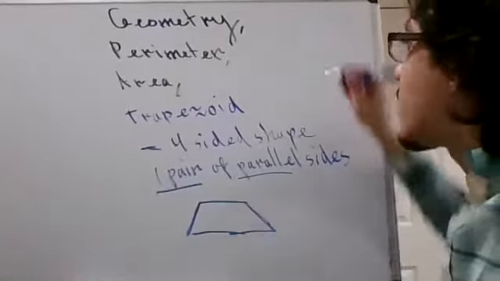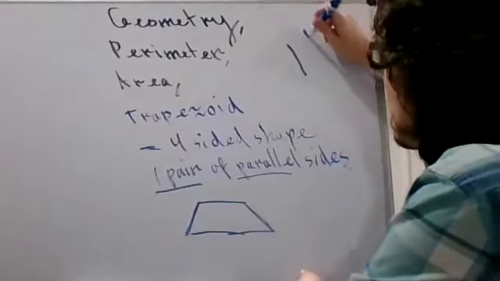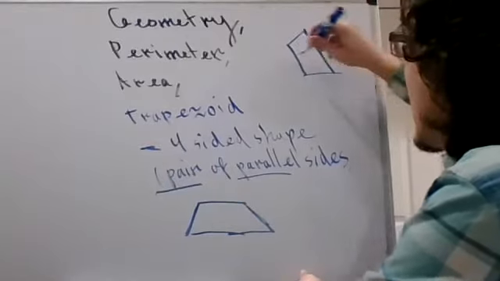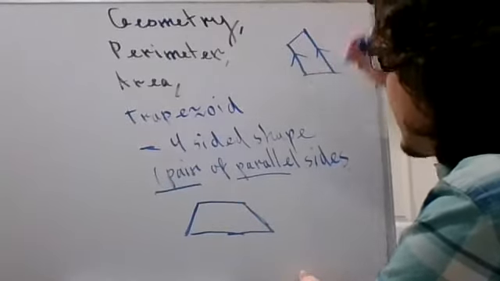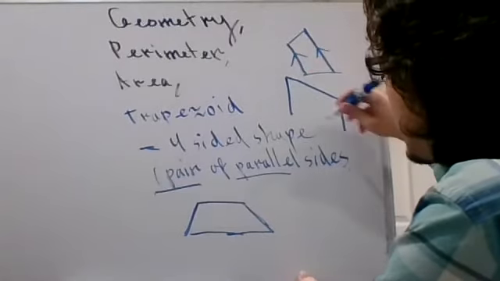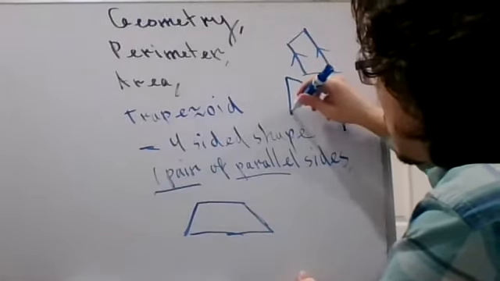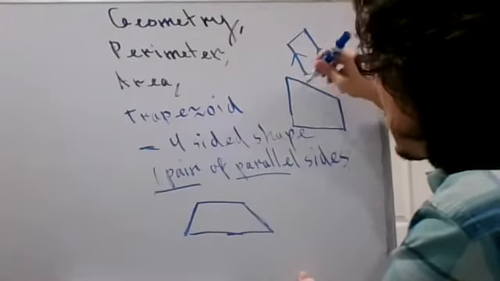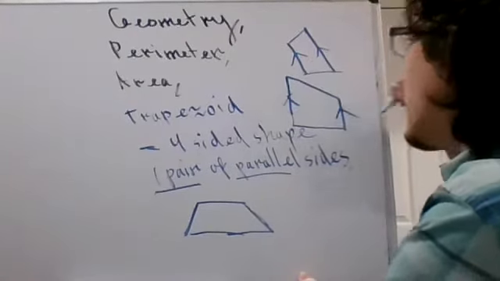So this can be a trapezoid. This can be a trapezoid so long as these lines are parallel, and this can be a trapezoid so long as these lines are parallel.